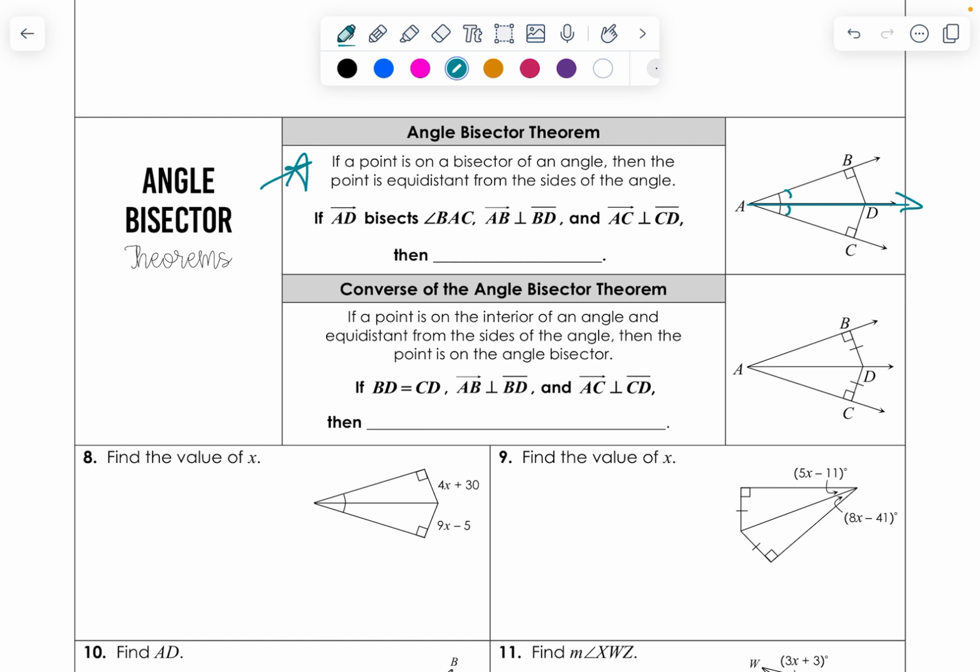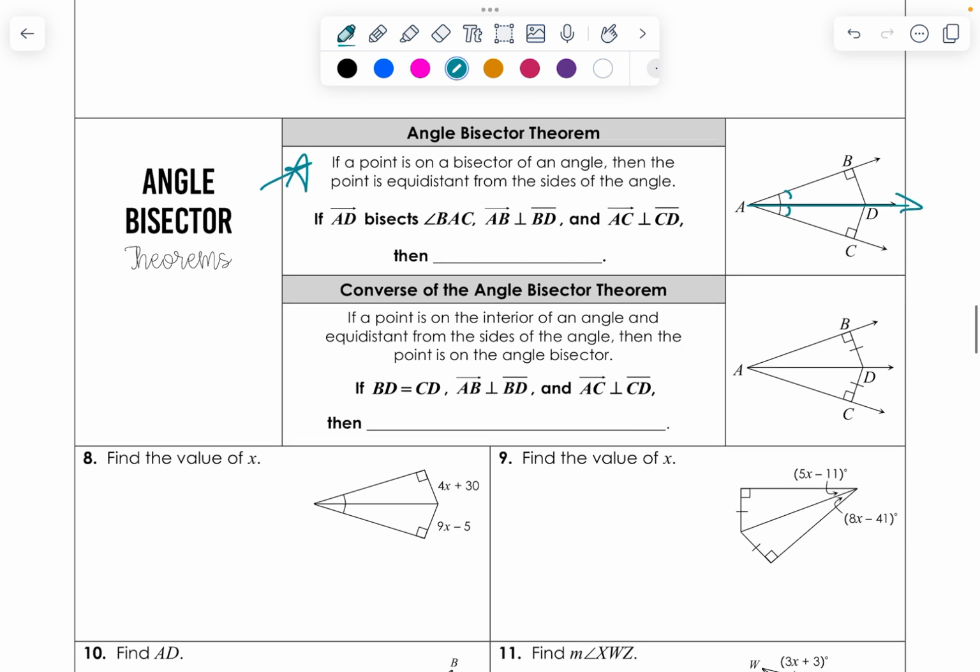And what it means is it's equal distance from the sides of the angle. In other words, this and this are equal. And also what we know are these pieces right here. In other words, AB is congruent to AC because it's this equal distance from the sides.